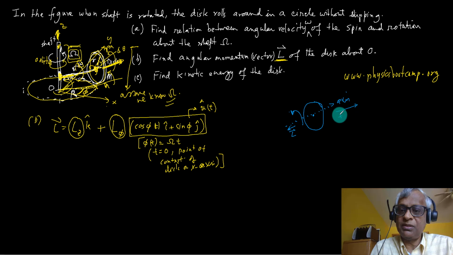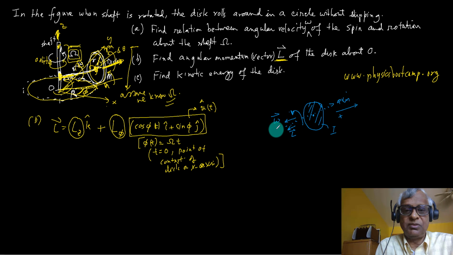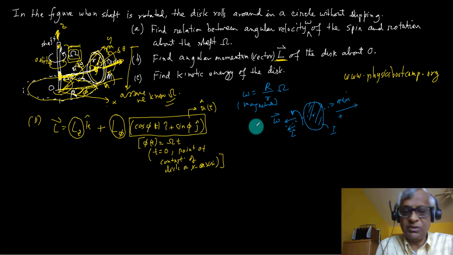And so this is a positive axis, this will be negative, and I will get, it's very simple, moment of inertia I and the omega vector in that direction. And so the omega vector in that direction is the omega we found out. Omega was R over r omega in magnitude. So the direction, so it's all negative.